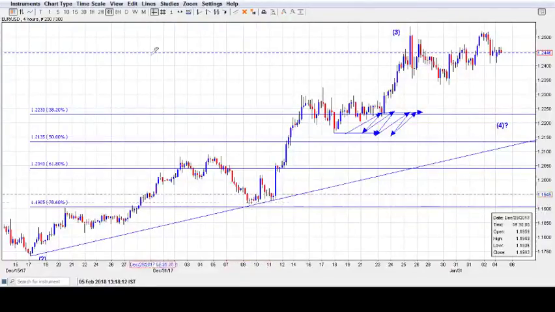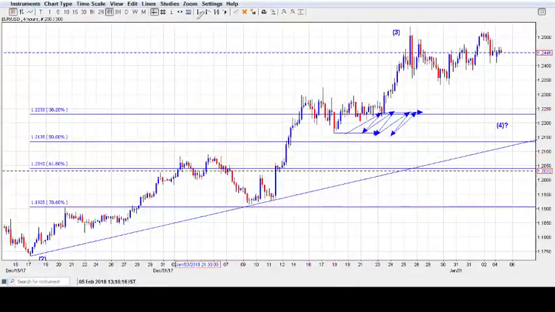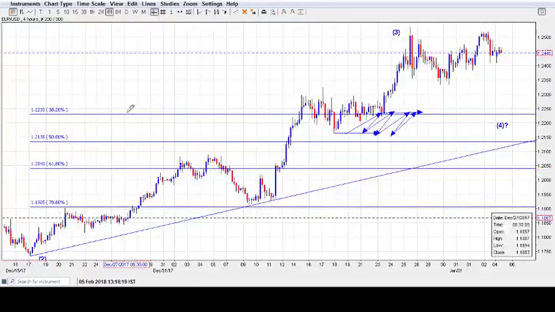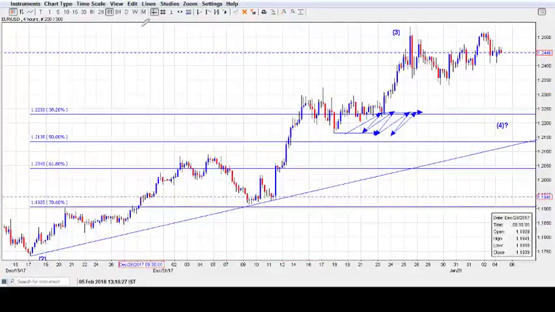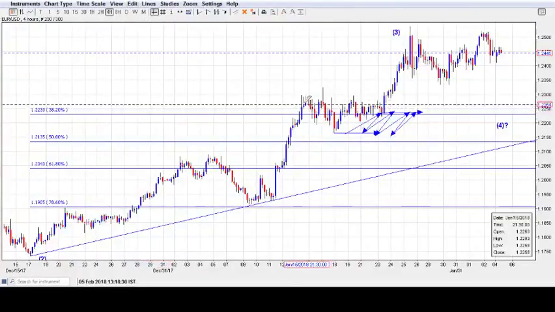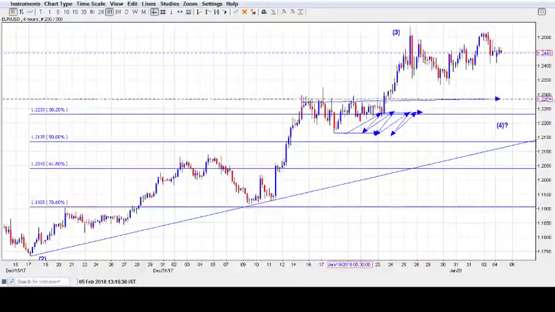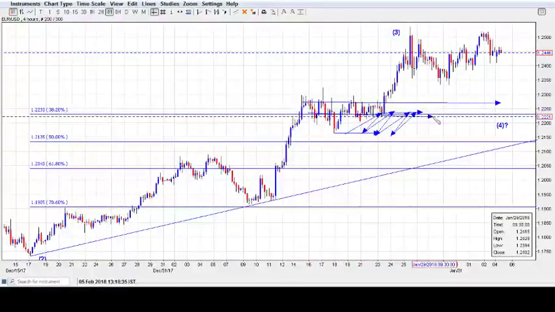So in terms of the analysis or the wave counts, the past resistance becoming future support area is also seen around the 2270, 2250 region.